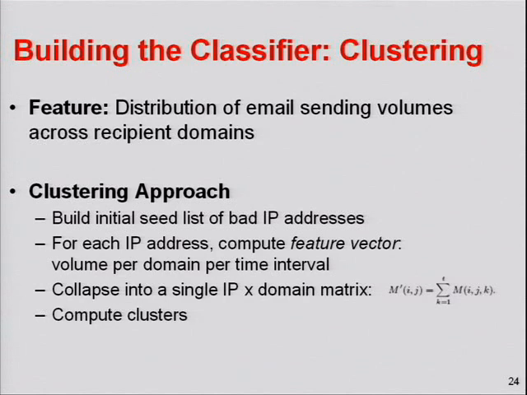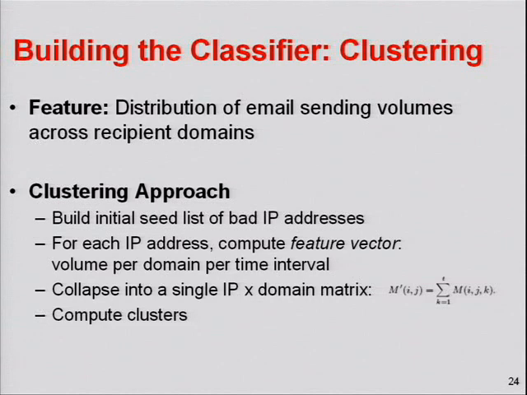So that's the feature that we start with. And then what we do is basically start building clusters around IP addresses that exhibit these features. So we start with some seed list of bad IP addresses, say IP addresses that we already know to be bad, either because they're part of a botnet or because they're listed in Spamhaus or something.